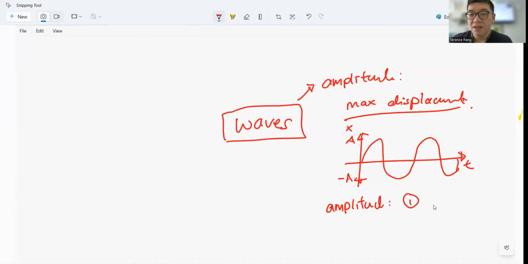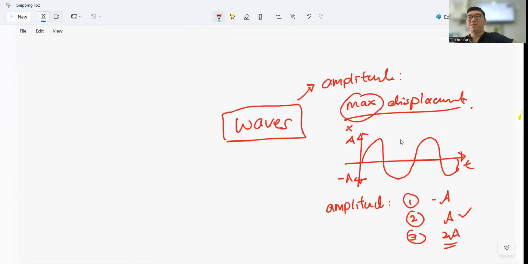Is it negative A to A? What's the amplitude of the graph? I've got A. Okay, a lot of people think it's 2A. It's actually just A. Amplitude is defined as the maximum displacement of a particle.